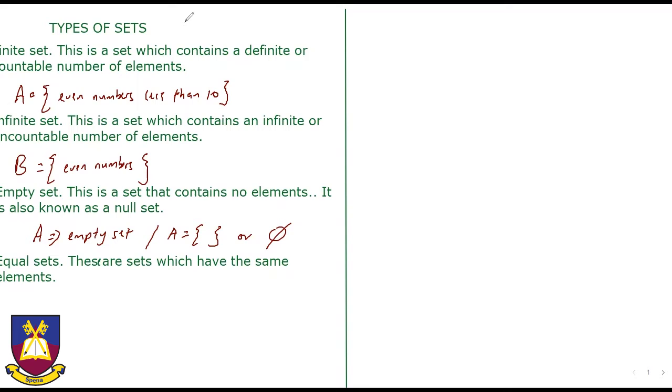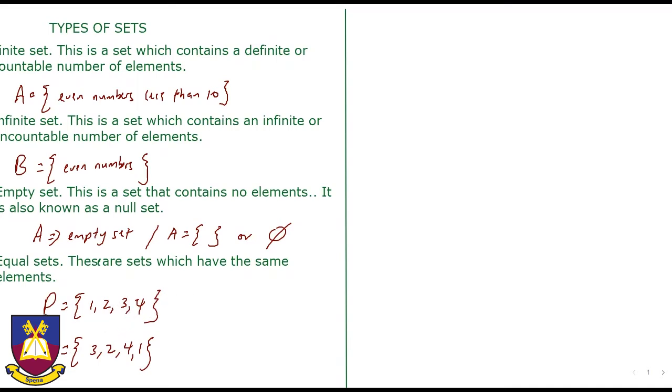For example, if I have a set P which contains elements 1, 2, 3, 4, then I have another set Q which contains elements 3, 2, 4, and 1, then when you look at these elements in both sets, those elements are the same.